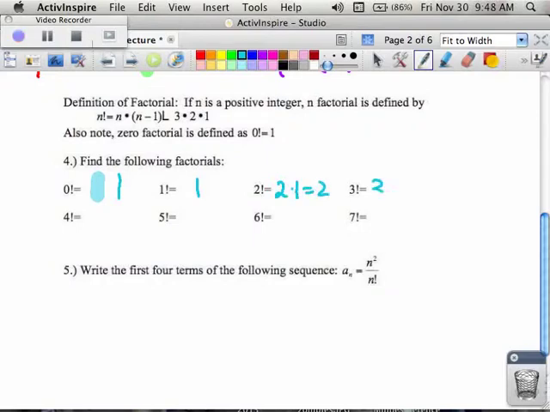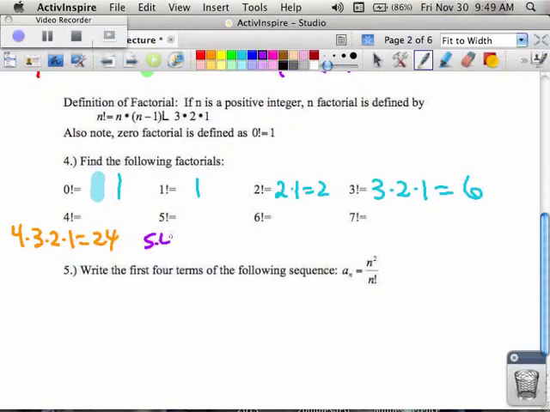3 factorial is 3 times 2 times 1, which is 6. 4 factorial is 4 times 3 times 2 times 1, which is 24. 5 factorial, this is fun, isn't it?